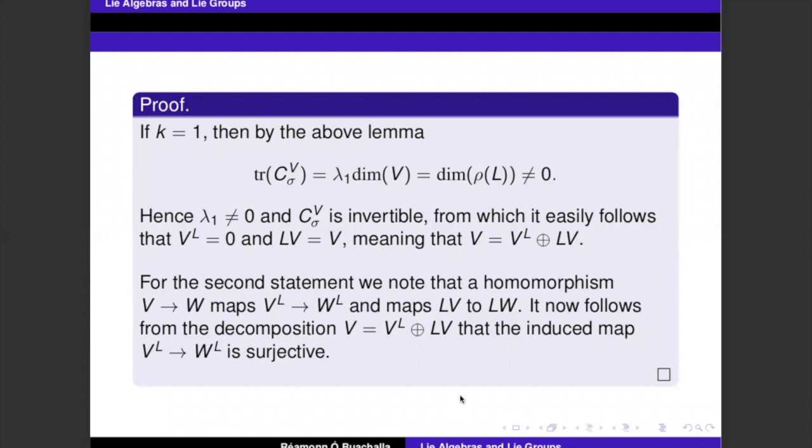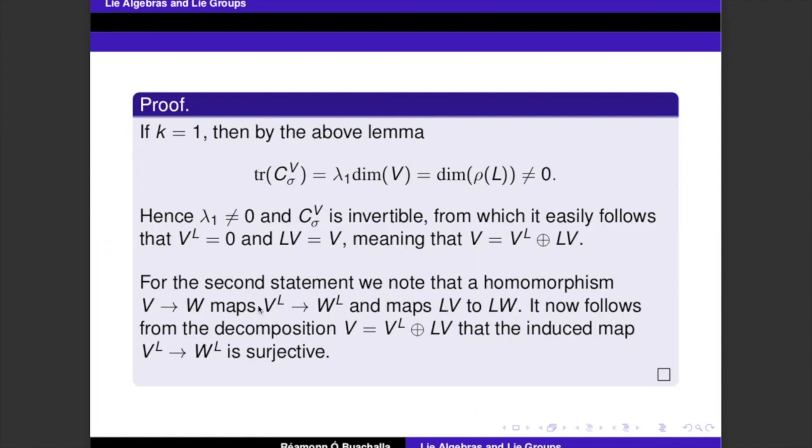So is there anything tricky there? No, not really. Let me summarize, maybe I didn't explain that so well. What we're saying is that V sub L maps into W sub L, and this maps into here.